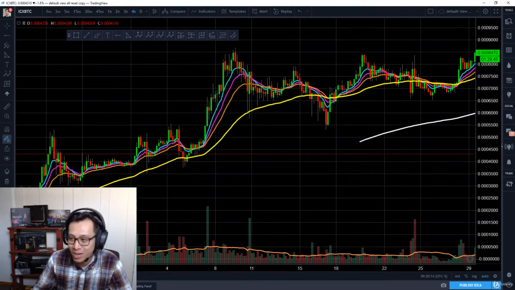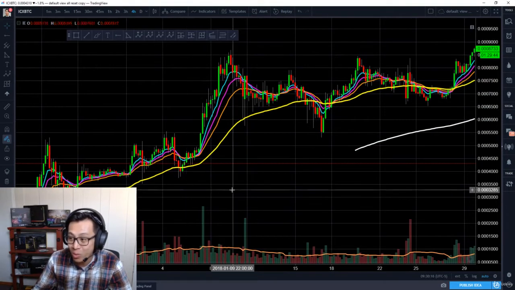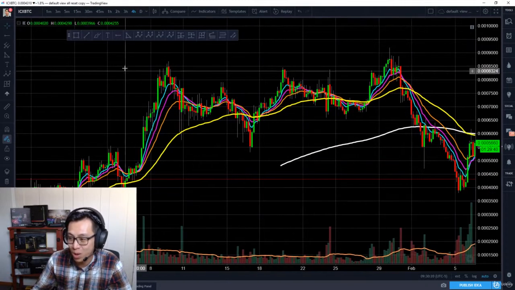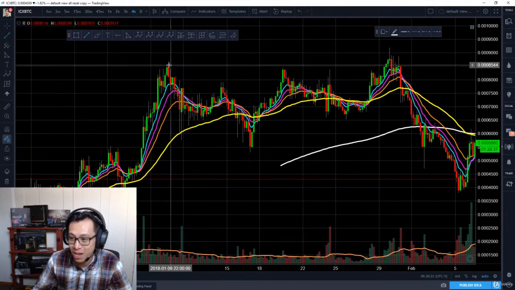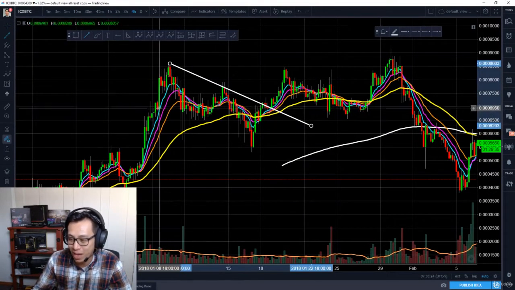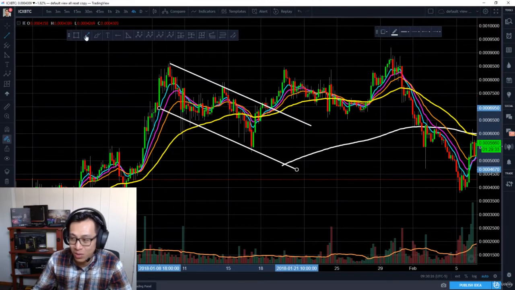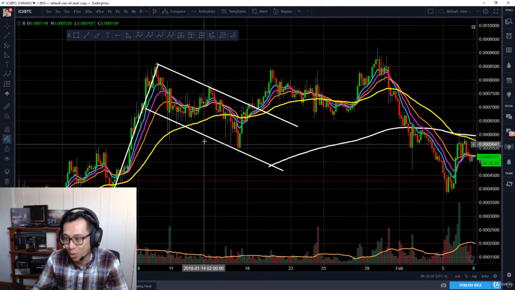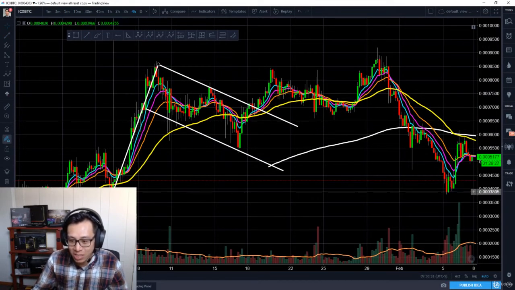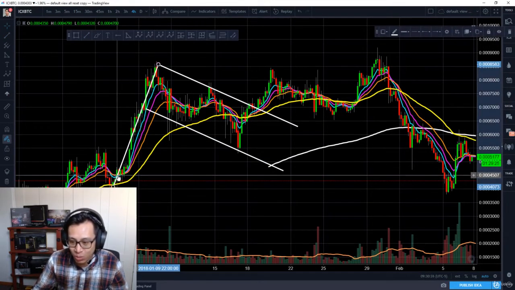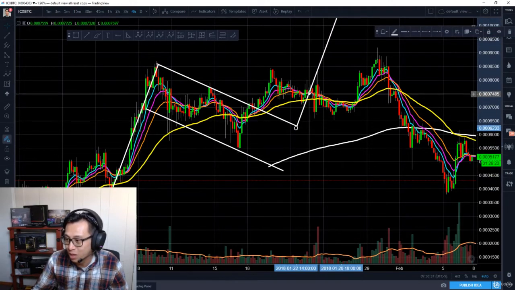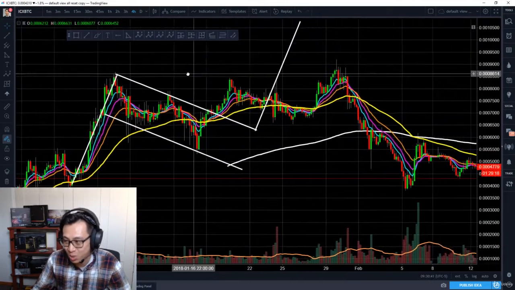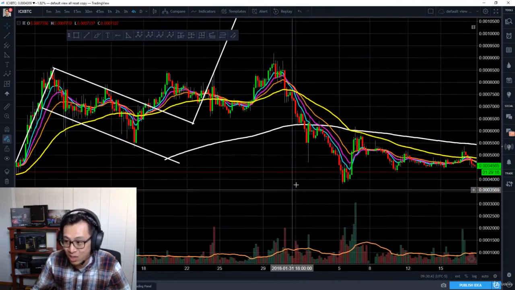Now let's try to look at some other patterns, okay? By the way, while we're here, we're going to take a look at some other patterns as well. For example, this is a flag. This is definitely a flag pattern that you guys are seeing. This is the flag pole right there as well. That's the flag pole. Now, it didn't actually get to the targets that we wanted it to get to, but nevertheless, it is a flag pattern that you guys are sort of seeing right there, where it ended up breaking out.